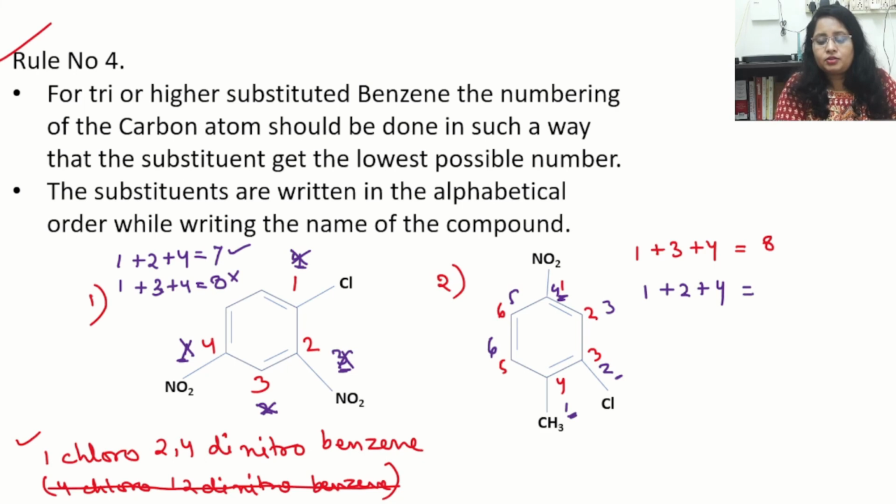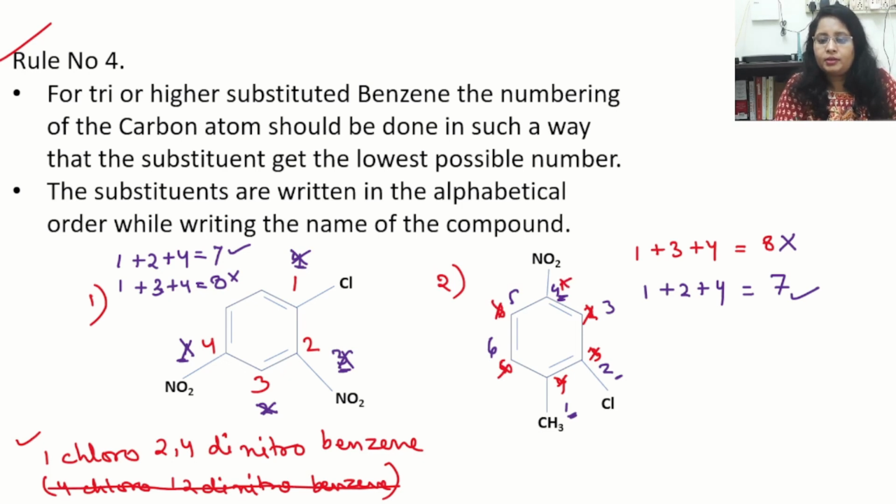The addition result should be 7. So this is correct and this is wrong. So we will discard the red color numbering and we will follow the blue color numbering here and we will write the name. It means this is wrong.